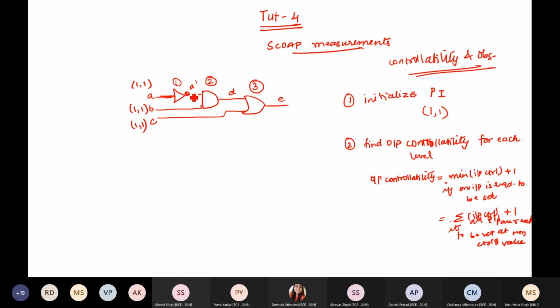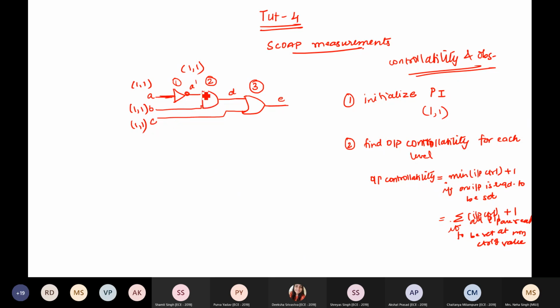If I want to have the output here controlled equal to 0, I need to have 1 at the input, right? And if I want 1 here, then I should have 0 at the input. It means it is only one input which is sufficient, which is required to be set at the input so as to control the value of output. Therefore, the controllability is again given as 1 1.